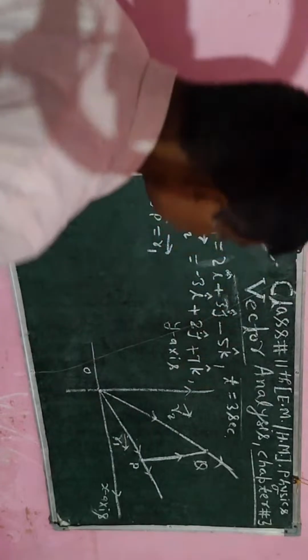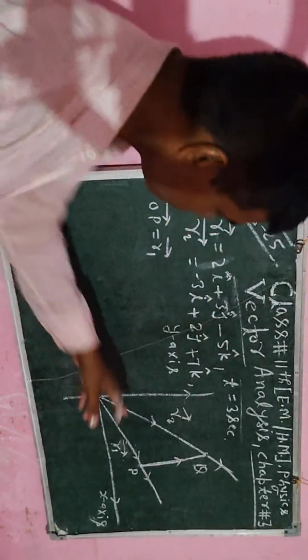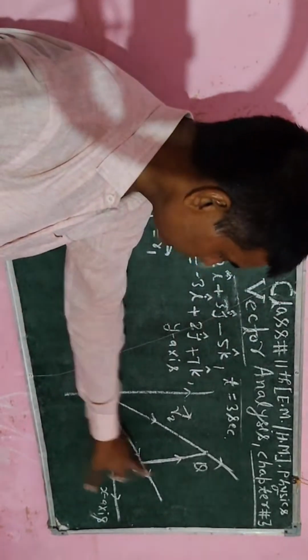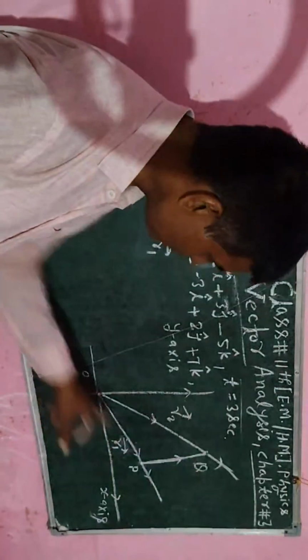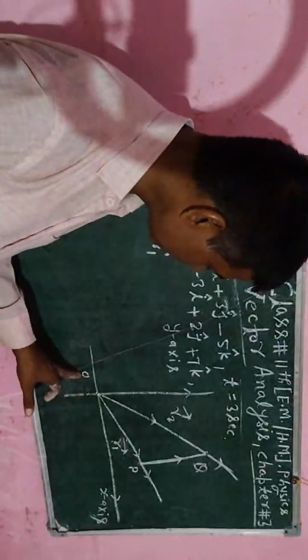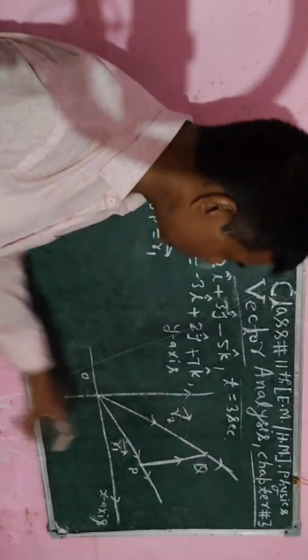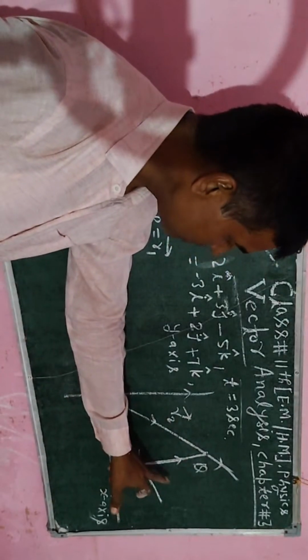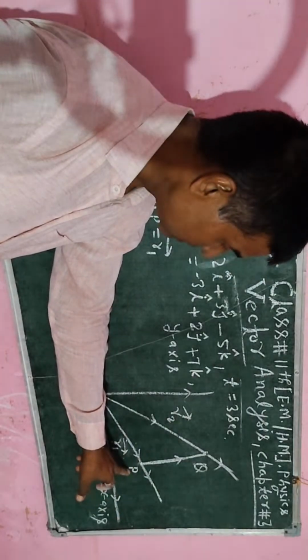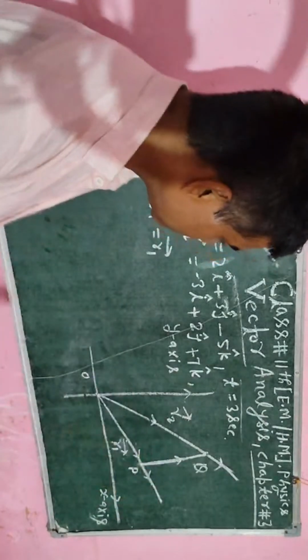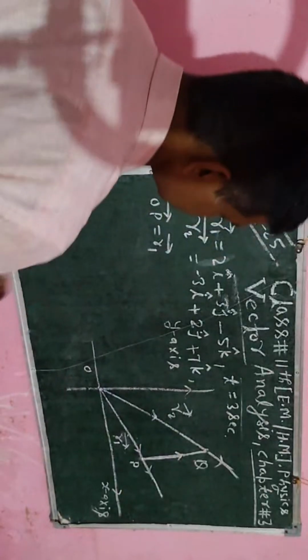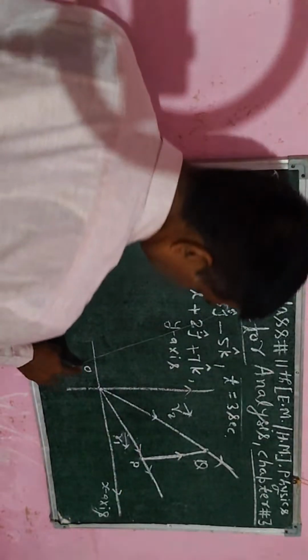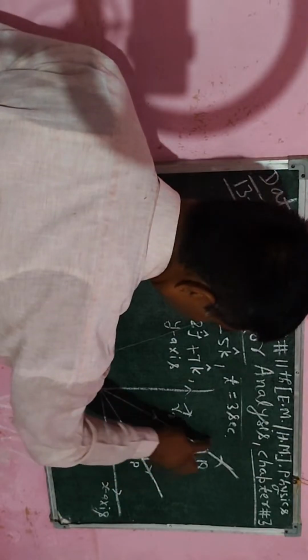So here we have to find the vector PQ. Now vector OP is available and vector OQ is also available. With the help of these two vectors we will find the vector PQ, and that PQ can be obtained by this formula, because this is the triangle OPQ.